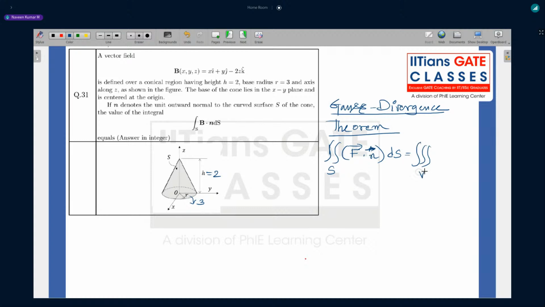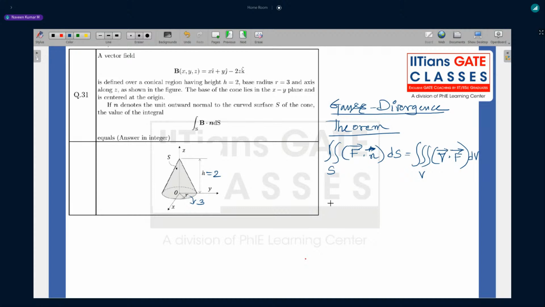This is a formula, you have to remember this: over the volume of the divergence of that function, dV over the volume. Sorry, it's divergence, not gradient. So simply you can convert this into this volume integral and calculate it.